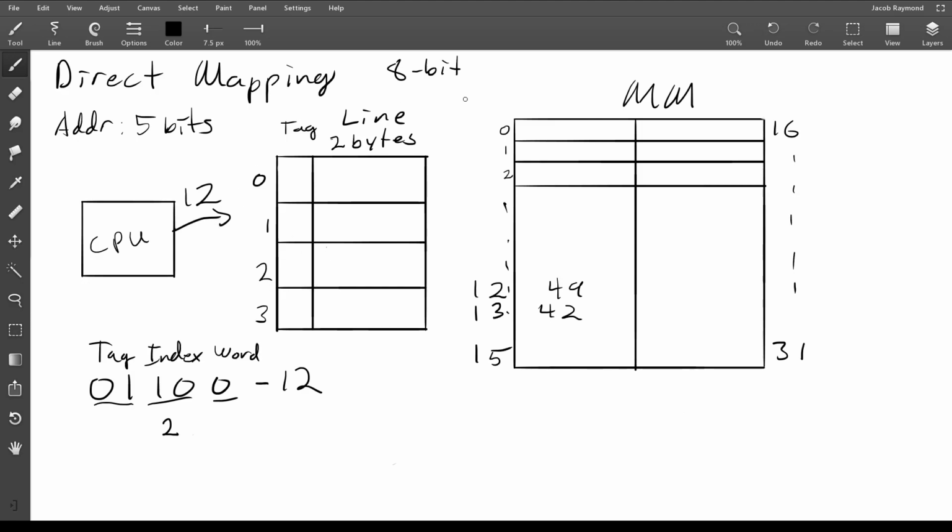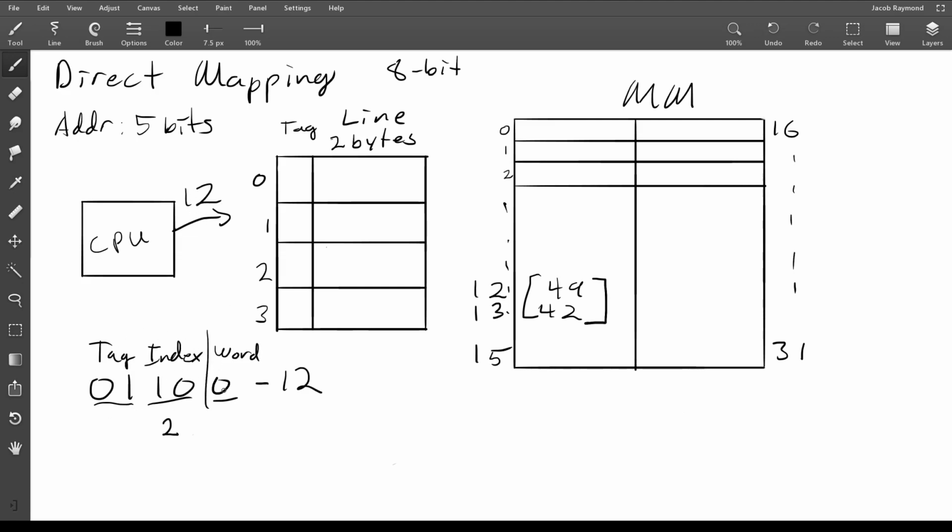And so what it would do is go to the main memory, go to memory location 12, and then take the whole line associated with that. And the line here is going to be these 2 bits, because it's just contiguous 2 bytes, and it always is going to essentially be associated to this, right?